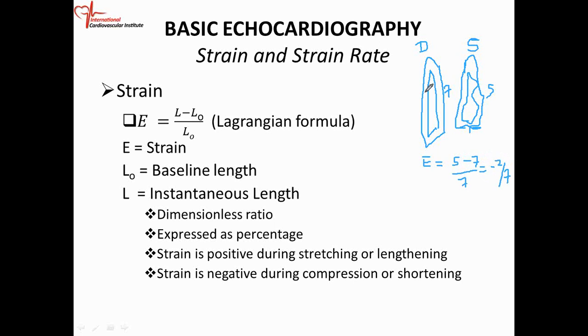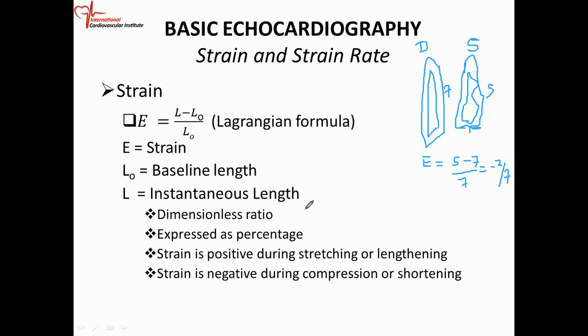This is what we call longitudinal strain, because in systole, if you look at the heart in a longitudinal frame, the base is going to move up towards the apex. So the definition of strain is your instantaneous length minus your baseline length over your baseline length. Again, it's dimensionless, and we express it as a percentage.